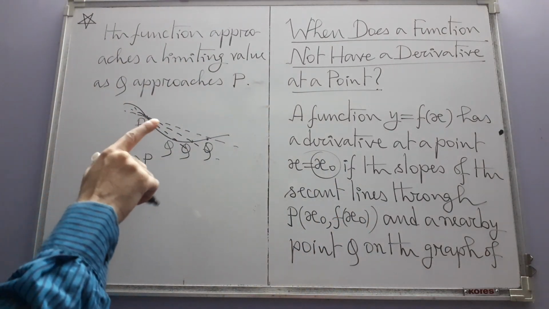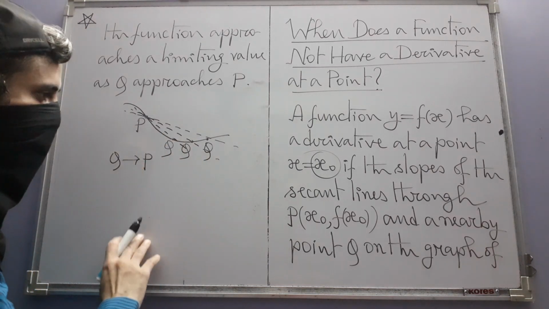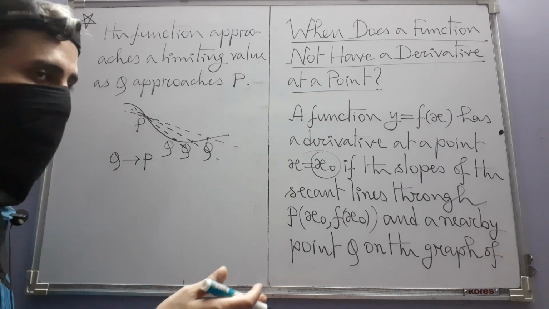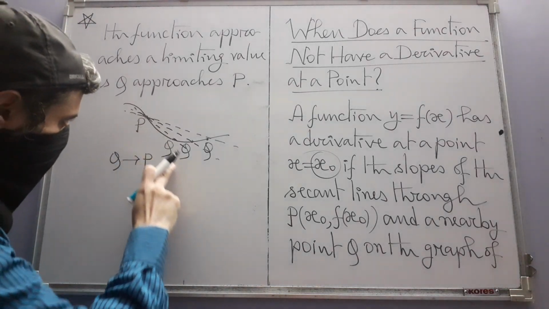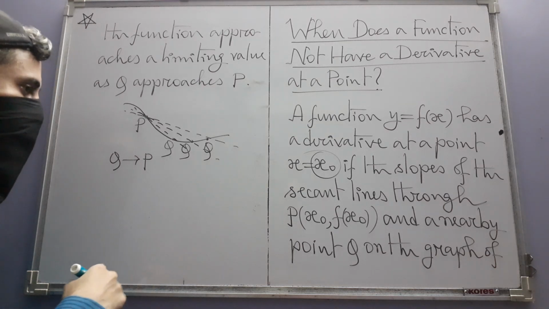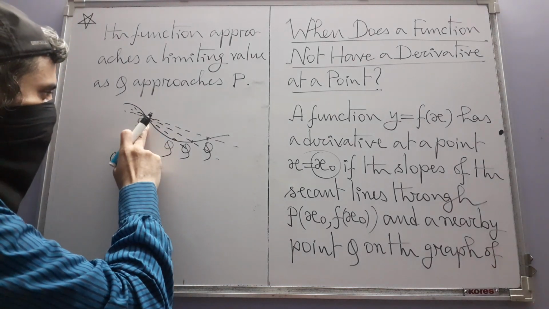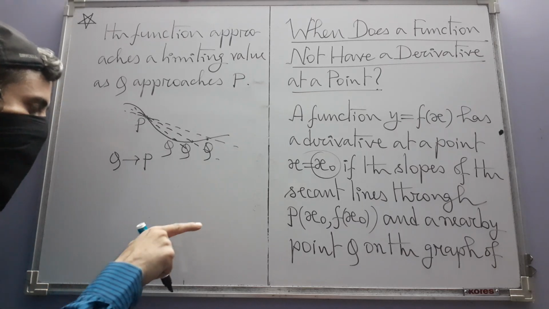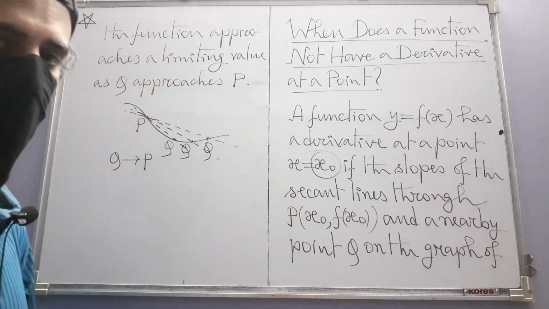And that limiting value to which the slopes of these secant lines approach is defined as the slope of the tangent to this curve at P, or in other words, the slope of the curve itself at P. And that is in fact also the value of the derivative of the function at x naught.